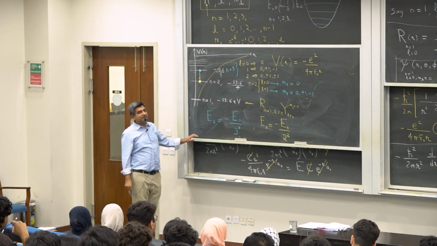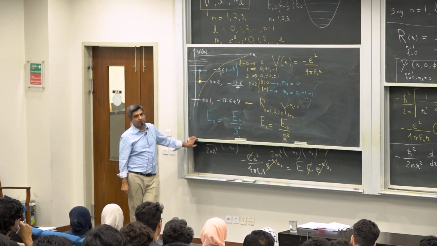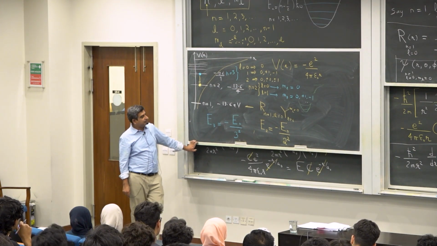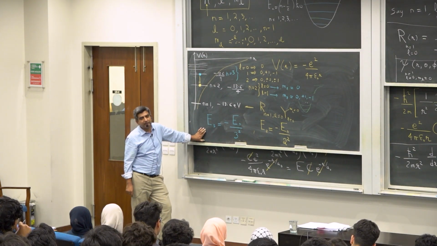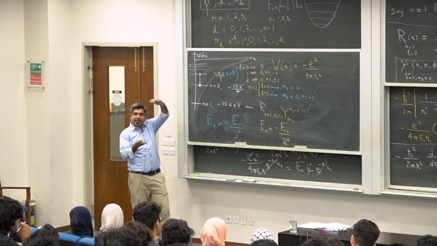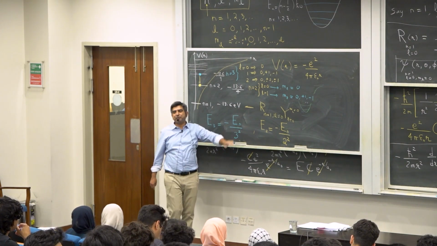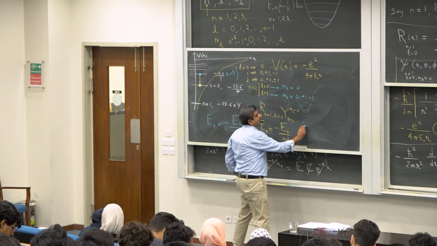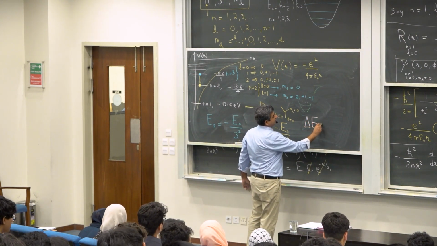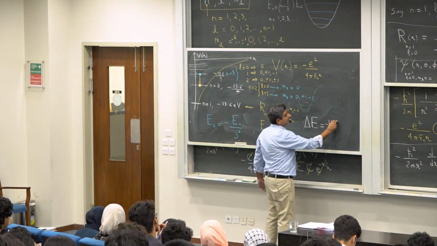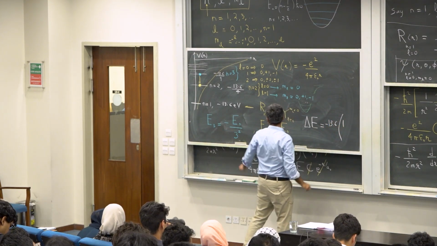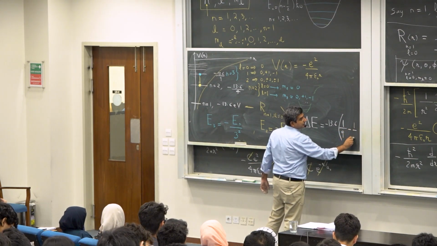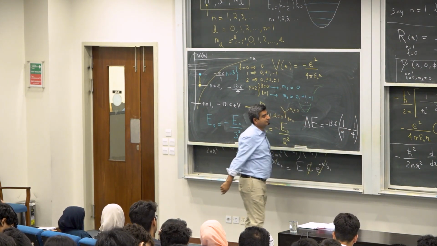Now which of these energies is bigger in magnitude? This is bigger, right? So the energy gap is the separation between these energy levels. That energy gap is minus 13.6 times 1 over 9 minus 1 over 4.